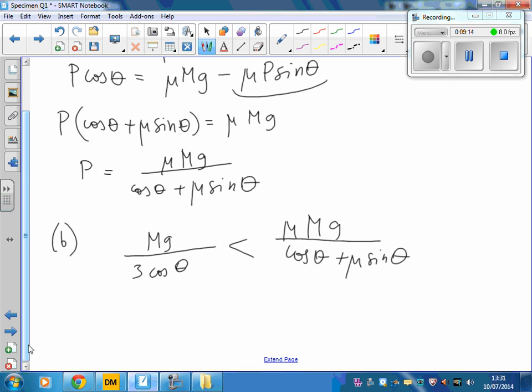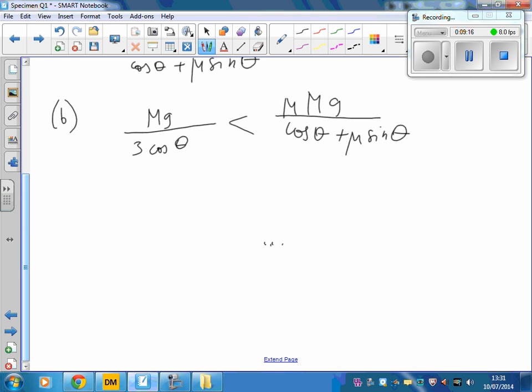Now, let's try to simplify it so we can cancel mg and do a bit of cross multiplication because it's safe here. Cos theta plus mu sine theta is always positive because theta is guaranteed to be less than 90 degrees, so cos theta is positive.